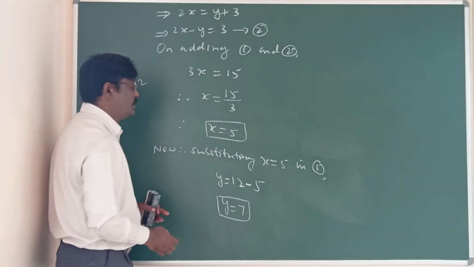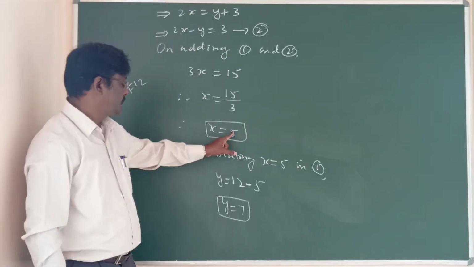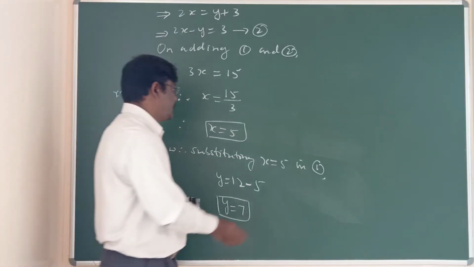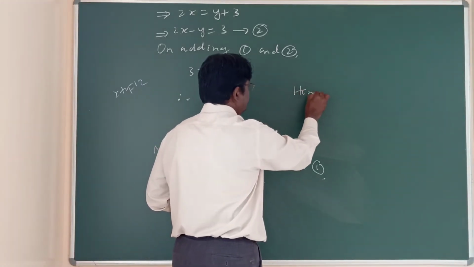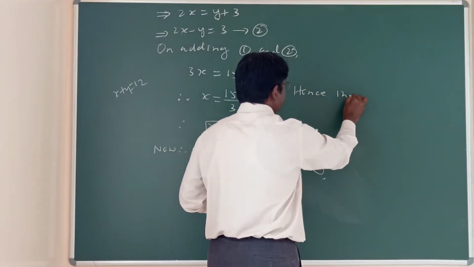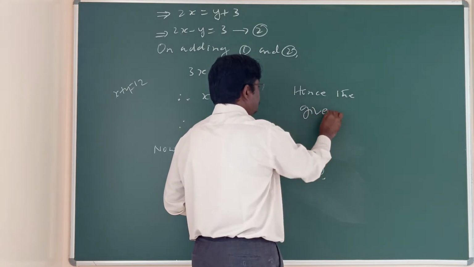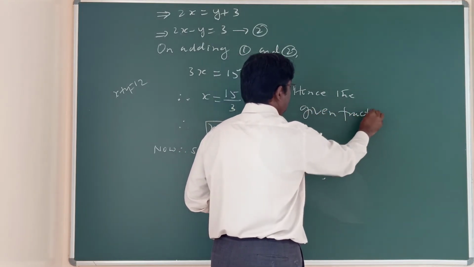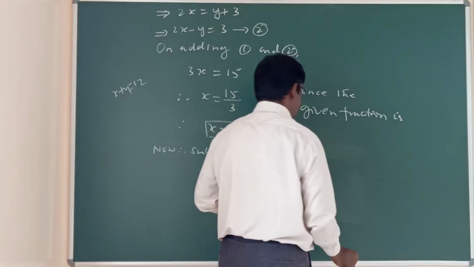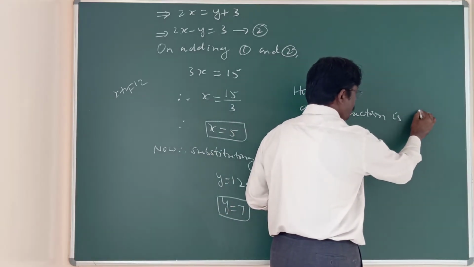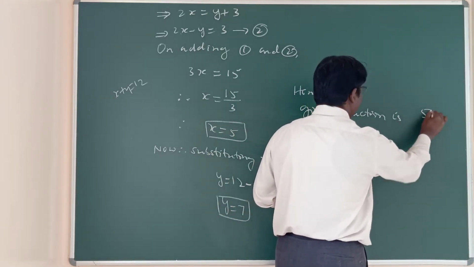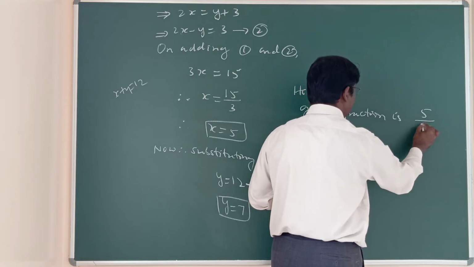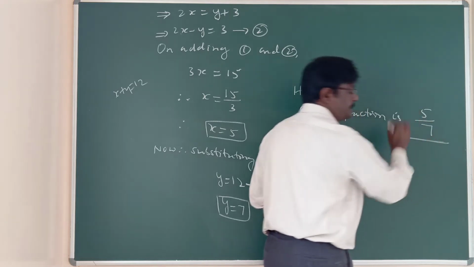So now we know the value of x and y, hence the given fraction is x by y. x is 5, y is 7. Okay, children.